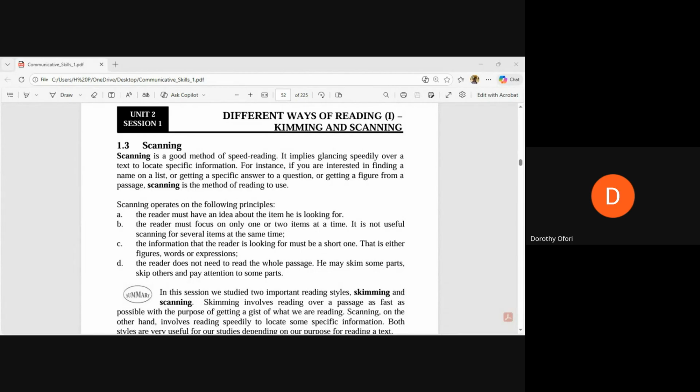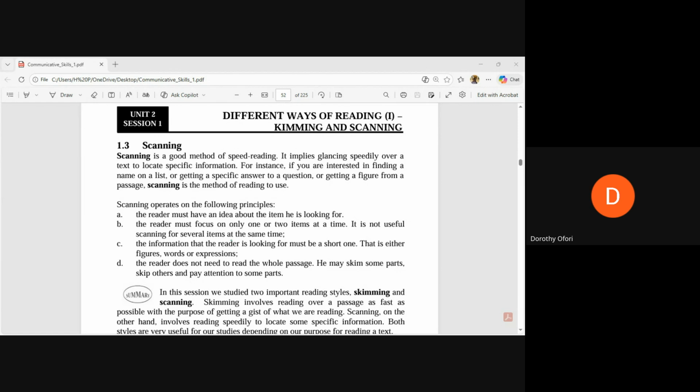We normally focus on a short answer. For example, we are looking at maybe figures, a number or something, or names. So these are short information that we look for when we scan.